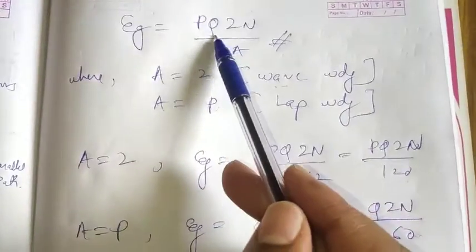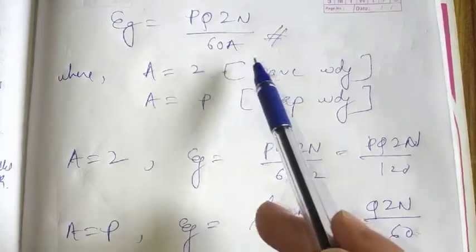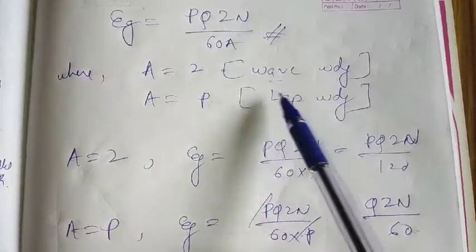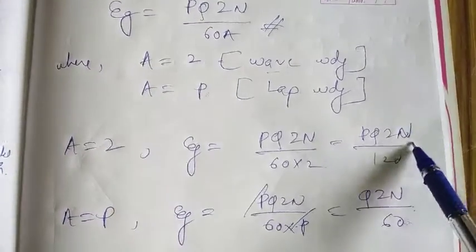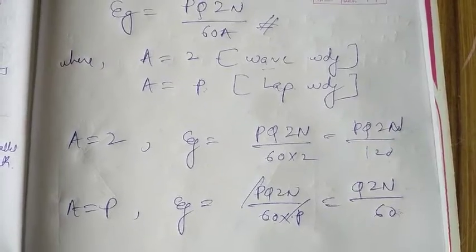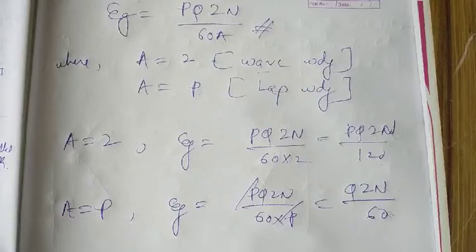But this is the main EMF equation of a generator, where A is 2 for wave winding and A is P for lap winding. If you substitute, these are the equations you will get. I hope you understand the EMF equation of a DC generator. In the next lecture I will discuss the numericals on the EMF equation of a DC generator. Thank you.